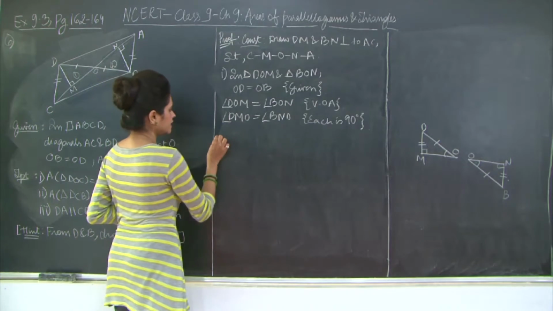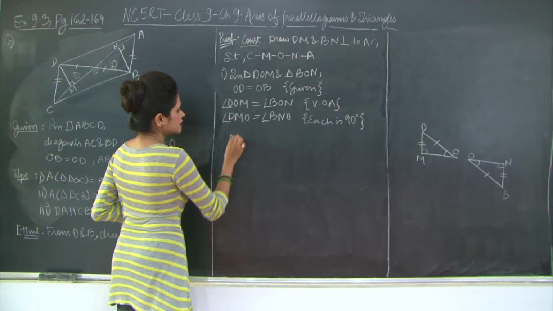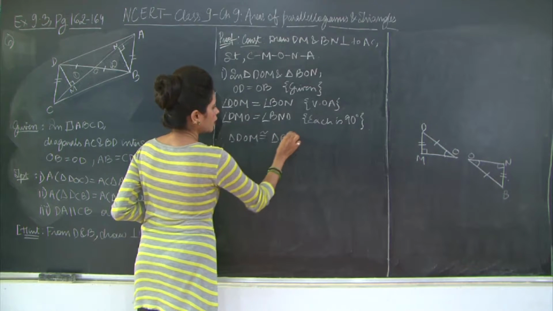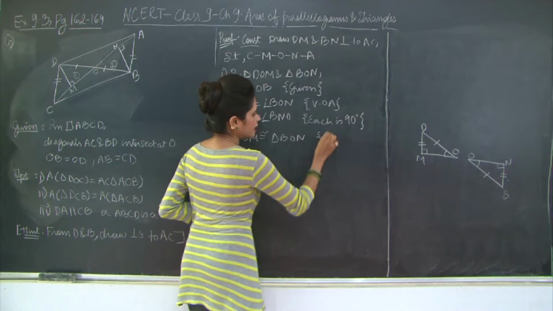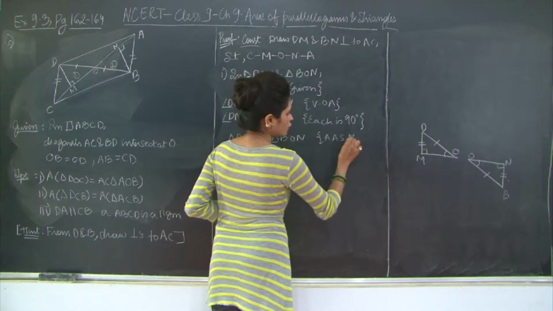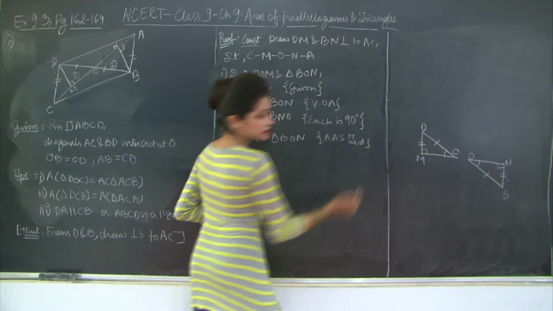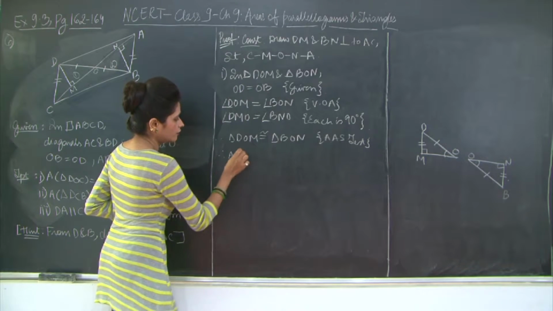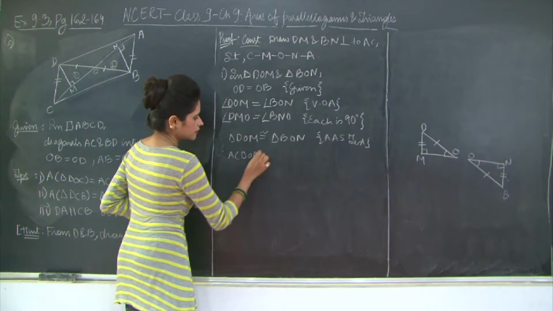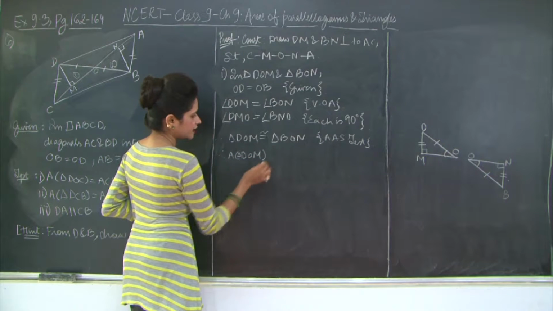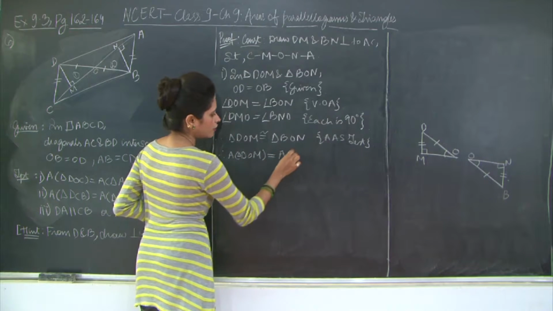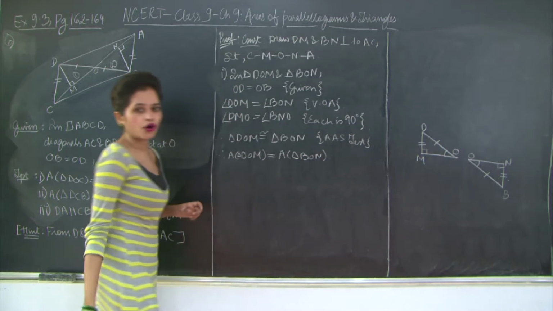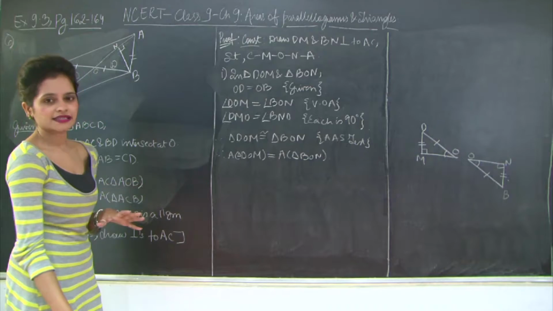Therefore, what do I get? Therefore, triangle DOM is congruent to triangle BON by AAS test of congruence. Therefore, area of triangle DOM is equal to area of triangle BON, because we know that for two congruent figures the areas are always equal.